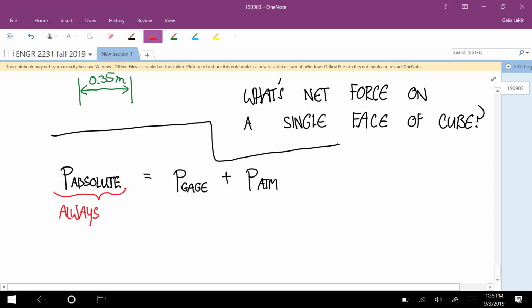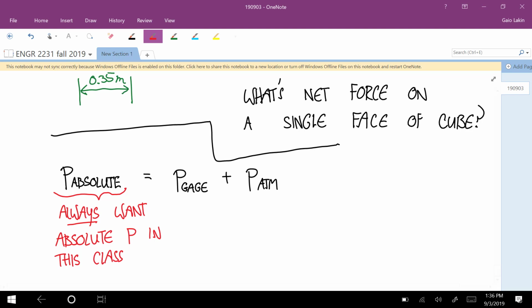So if you're given something in gauge, you always have to add the atmospheric pressure to it to get what you want. You can think, if you're using the ideal gas law, you don't want the difference between the atmospheric pressure and what this gas is at. You want the absolute pressure of this gas.